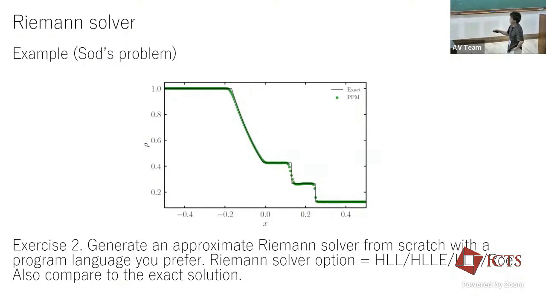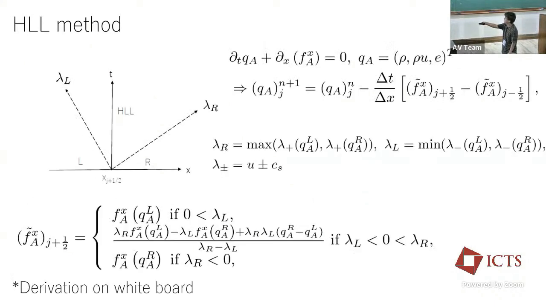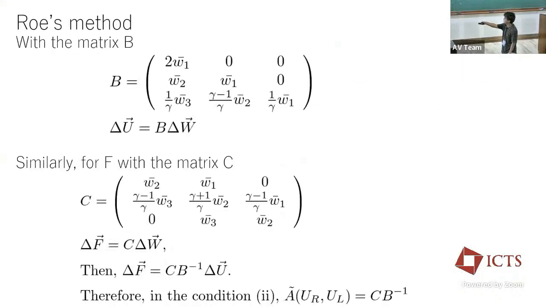For example, for the Riemann solver, you have four options. HLLC is the most robust, and HLLE and LLF are cheaper Riemann solvers. And sorry, I didn't put the name here. It's the reconstruction scheme. Reconstruction means how to calculate the L and R states at the interface.